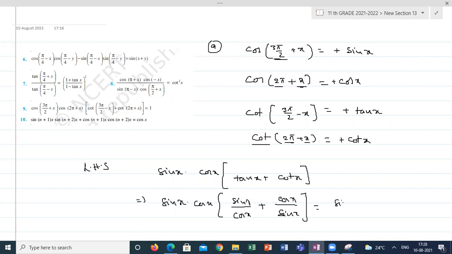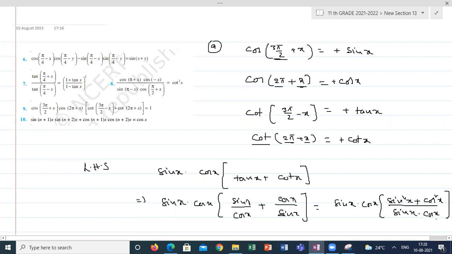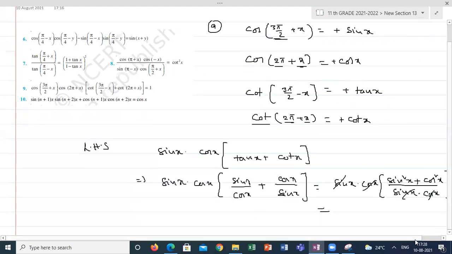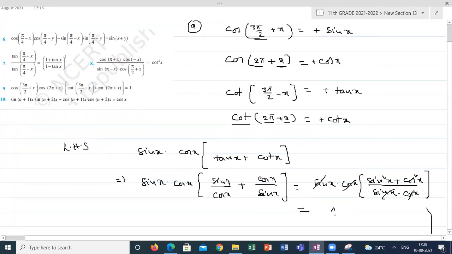This will be sin x into cos x, into sin square x plus cos square x by sin x into cos x after taking LCM. Sin x cos x cancel. We know the very basic identity, sin square x plus cos square x is 1. So this is my RHS. Left hand side is equal to right hand side.